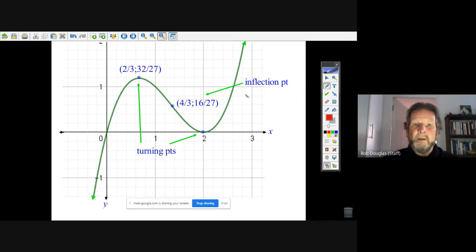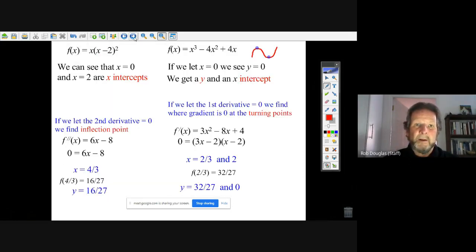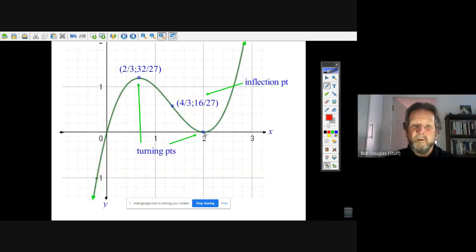And we know that the inflection point, where it changes from a hat to a cup, from concave down to concave up, is right there. So there are our turning points, there's our inflection point, and it's good to notice that when you've got (x minus 2) squared like this, it always turns right on that point. It'll turn on the square like that.